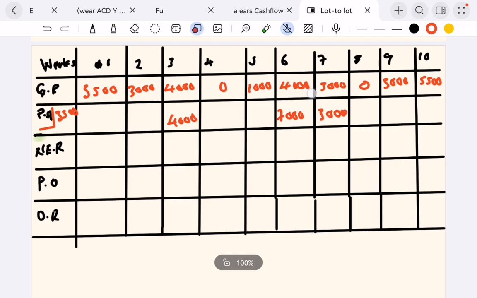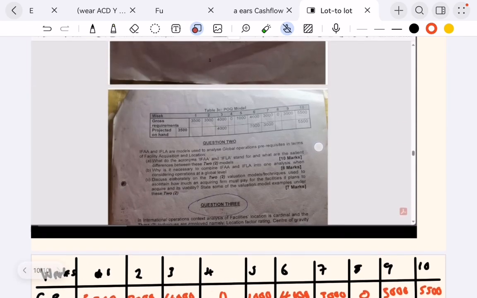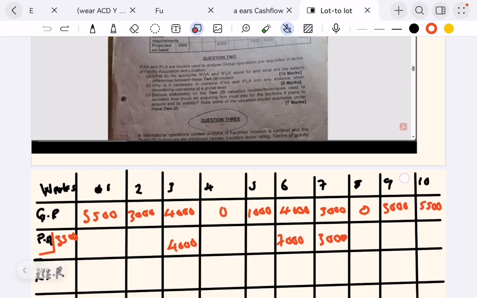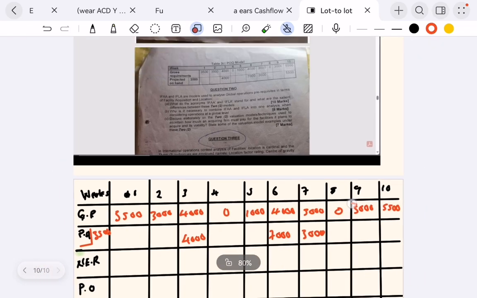Then this is 3,000, and here we have 5,500. With that information we are given, we start filling the table bit by bit. There's no number here, so we push the projected 3,500 into week 1. We're just projecting, so we have 3,500 here. Here there is 0, 0, 0, 0, 0. That's what it means. There are no numbers there.